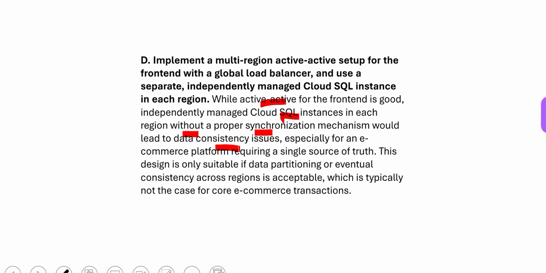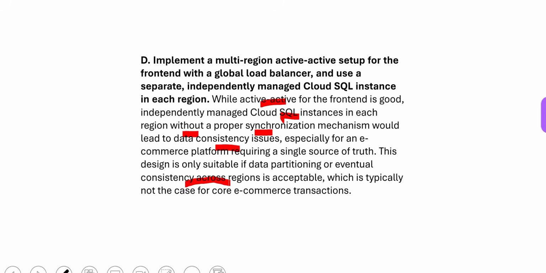You cannot just put your database in every region and not tell how you will synchronize the database. That is not going to work. Second, you have an e-commerce platform and it requires a single source of truth. So you don't split your databases in multiple regions like a mad person. Now, this design is only suitable if data partitioning or eventual consistency across regions is acceptable.